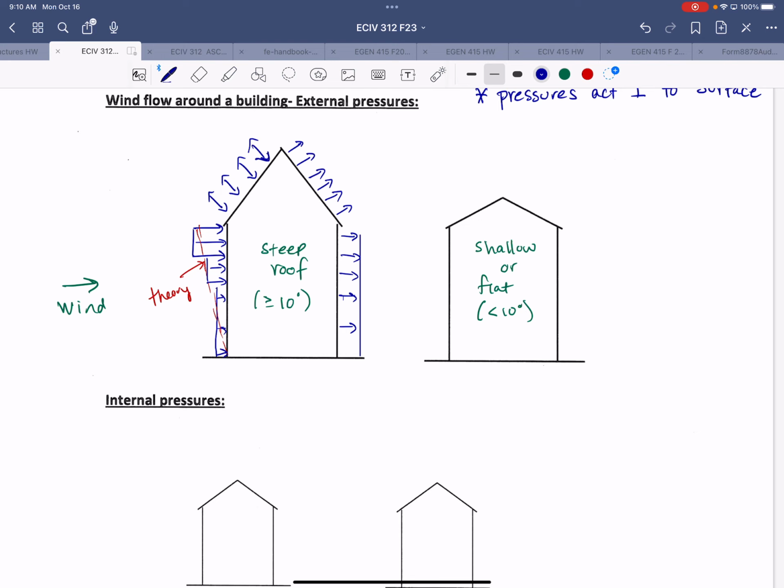Now for a shallow roof, the walls would have the same pattern as for a steep roof, of course. The only thing that's going to change due to the slope of the roof is the pressures on the roof. In this case, you would only have negative pressures to consider on the roof.